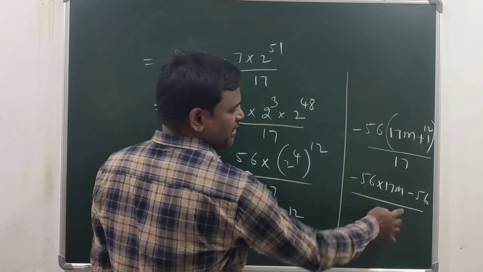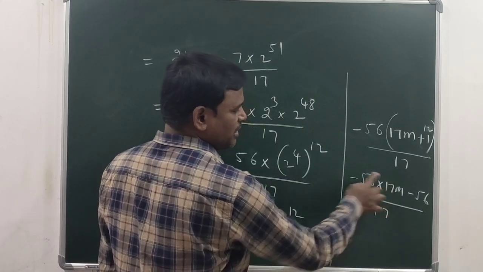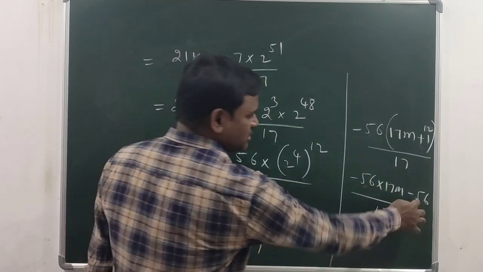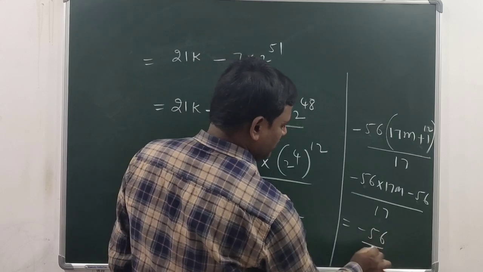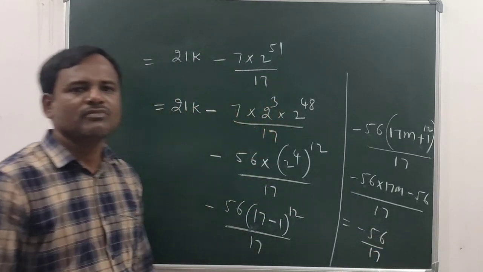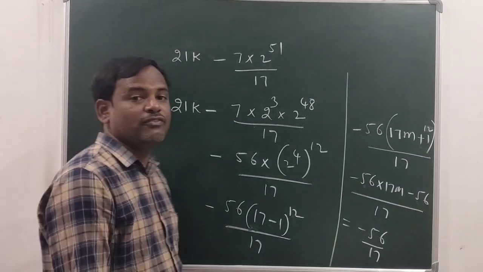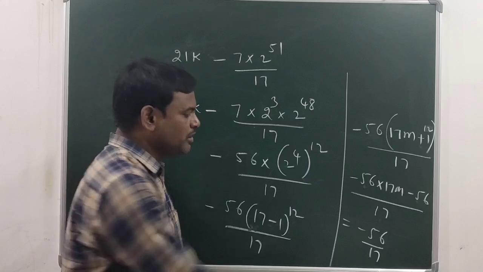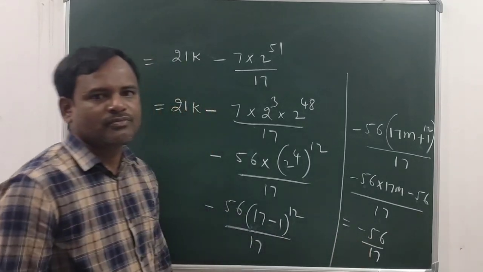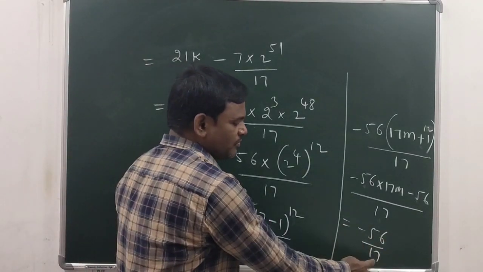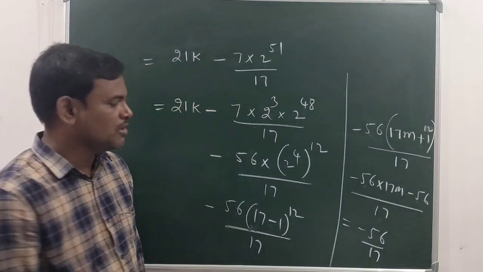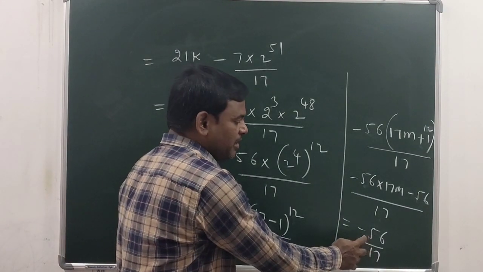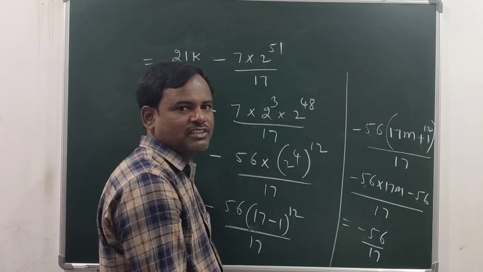Now you can separate it. So here this is the multiple of 17. So just divide minus 56 by 17. Okay. So 17 4s are 68 you will get. See students, what is the remainder when you divide minus 56 with 17?